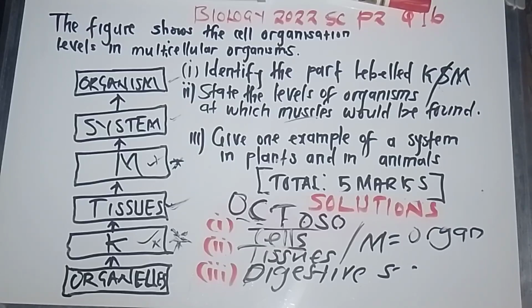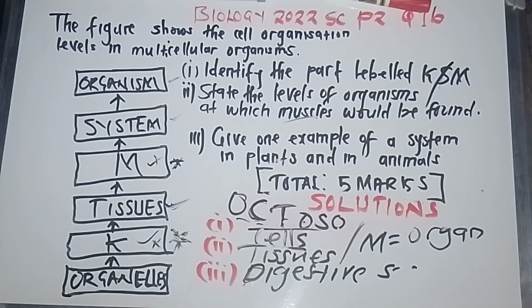We can talk of kidneys. Kidneys are organs. I'm sure you're getting it. So a system is coming up as a result of different combination of what? Organs. So those are the two examples I can give.